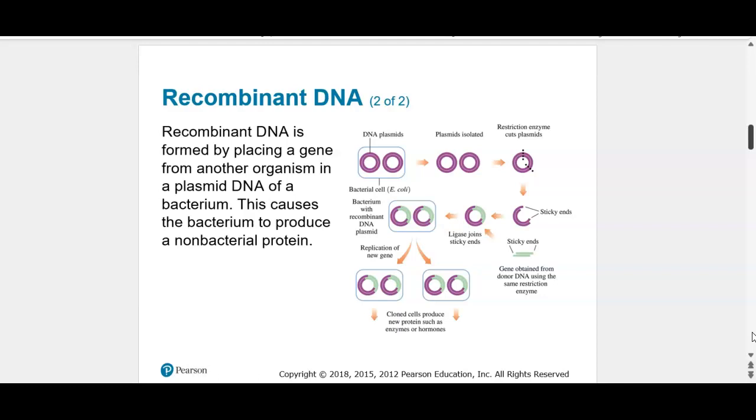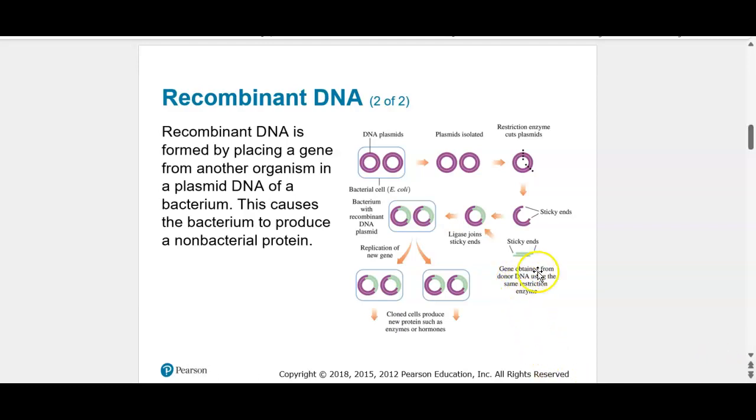The sticky ends, of course, are ends that are not paired with another nucleotide, and they can be paired with another length of DNA that has complementary sticky ends. So you get these sticky ends.